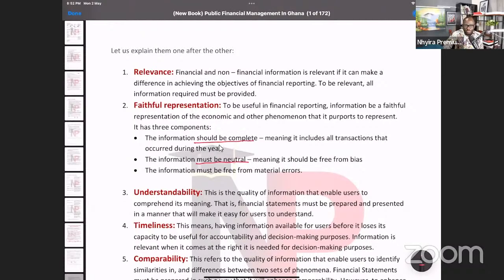Nobody's judgment was implicated whilst preparing the financial statement. The third thing about faithful representation is that the information must be free from material errors. We are not saying fraud. We are just saying material errors.